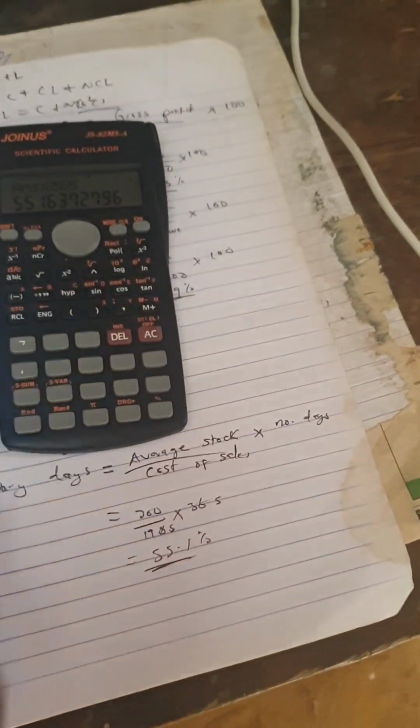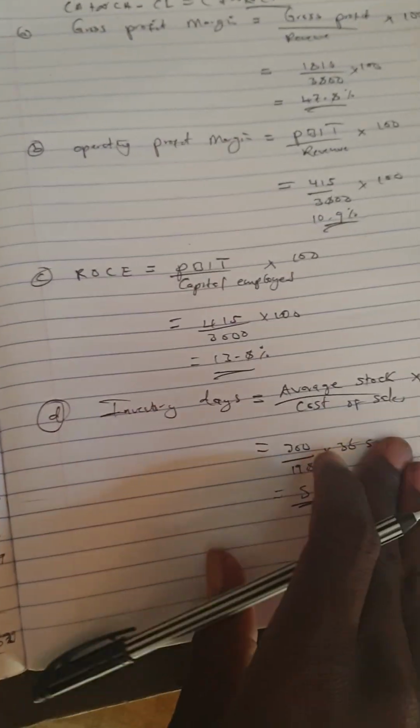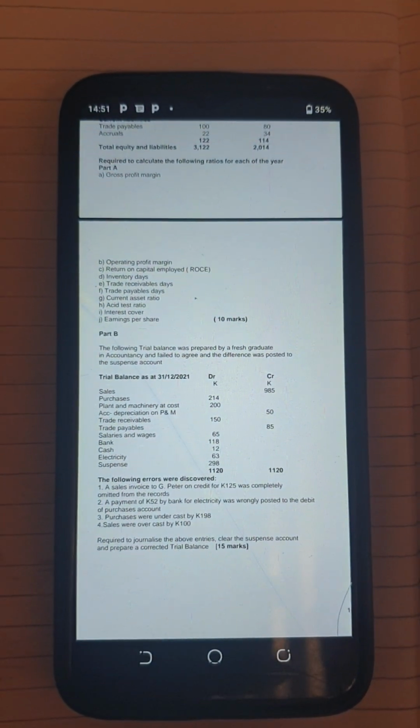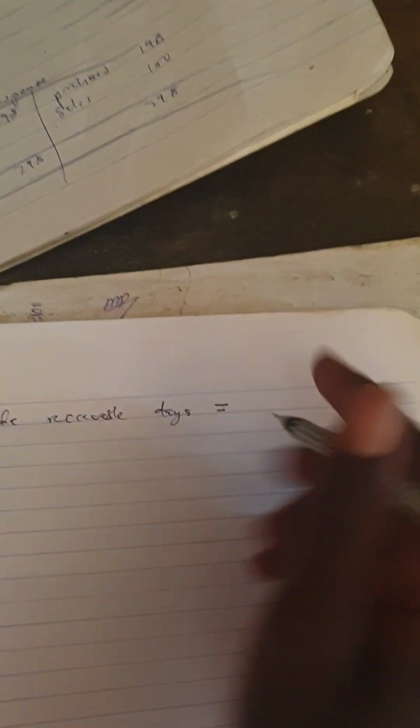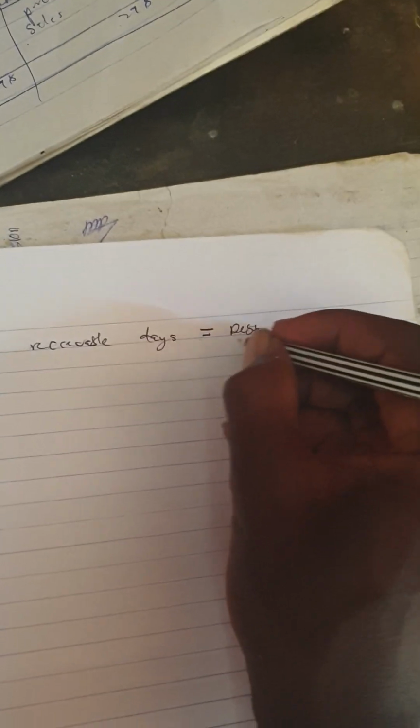Next, I'm going to use the other page. Next, we're asked to calculate trade receivable days, which is E. For trade receivable days, it is debtors divided by credit sales.